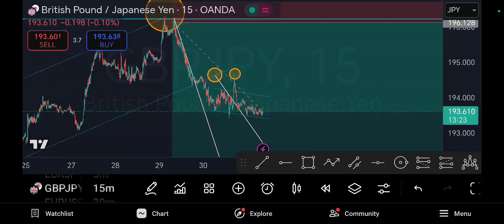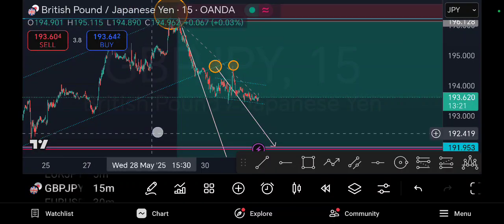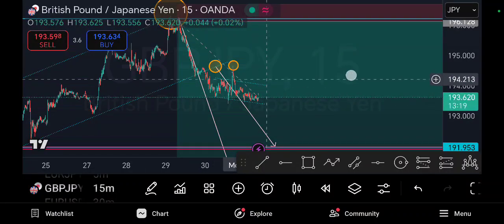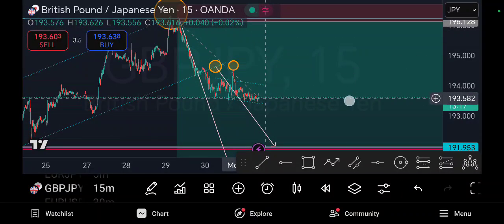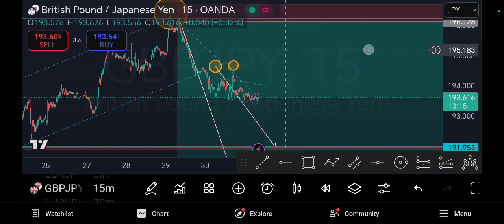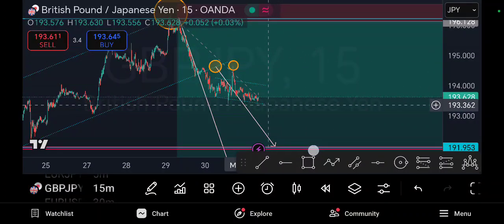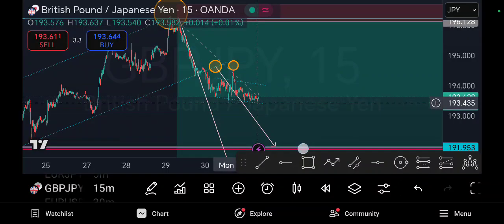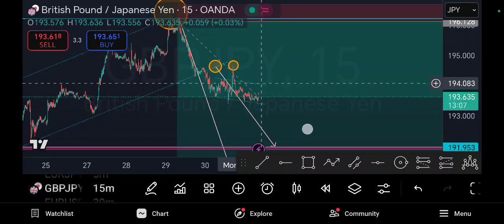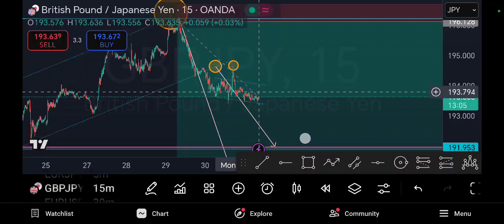Yeah, it's a falling wedge. So there's a high chance that it buys there, actually. There's a high chance it buys and continues up.